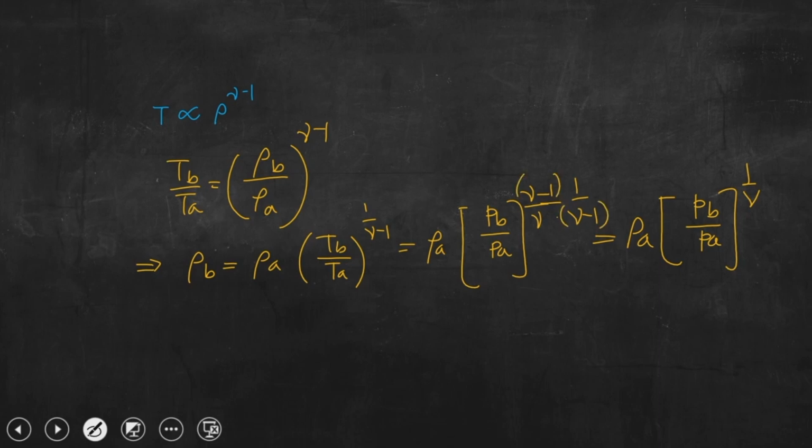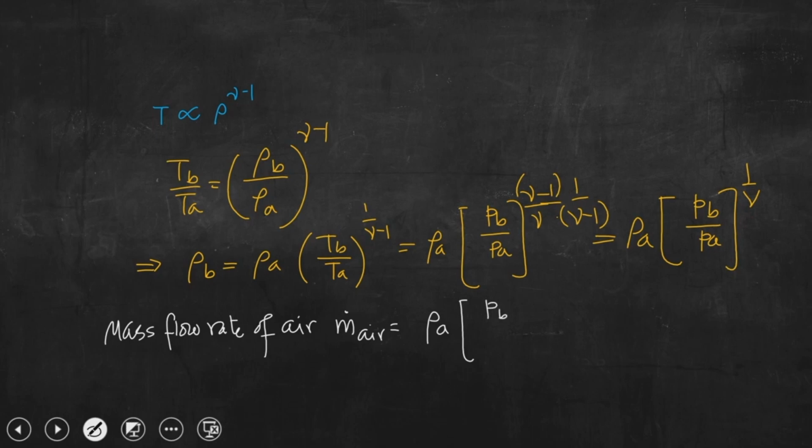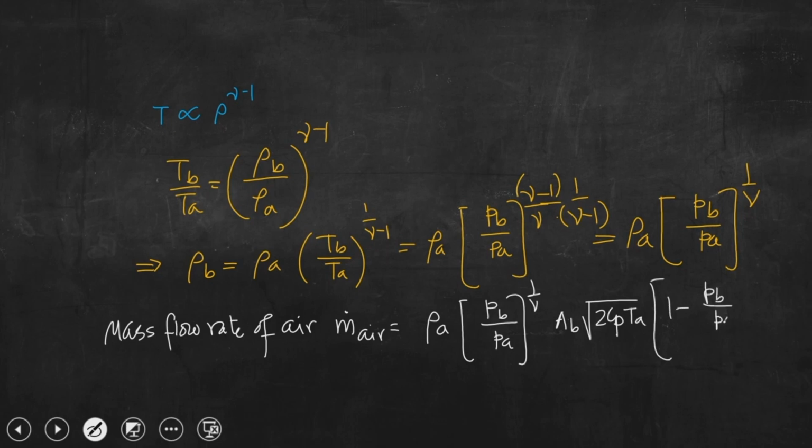Now knowing the value of rho b, we can close that equation, that is the mass flow rate of air. So, we can write here, m dot air equal to rho a into (Pb by Pa) power 1 upon gamma, under root 2 Cp Ta into Ab, under root 2 Cp Ta into [1 minus (Pb by Pa) power (gamma minus 1) upon gamma] power half.